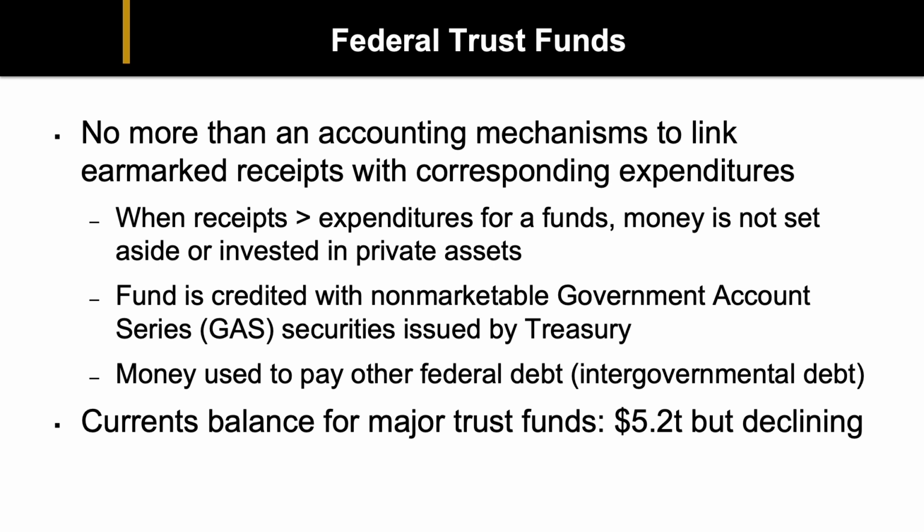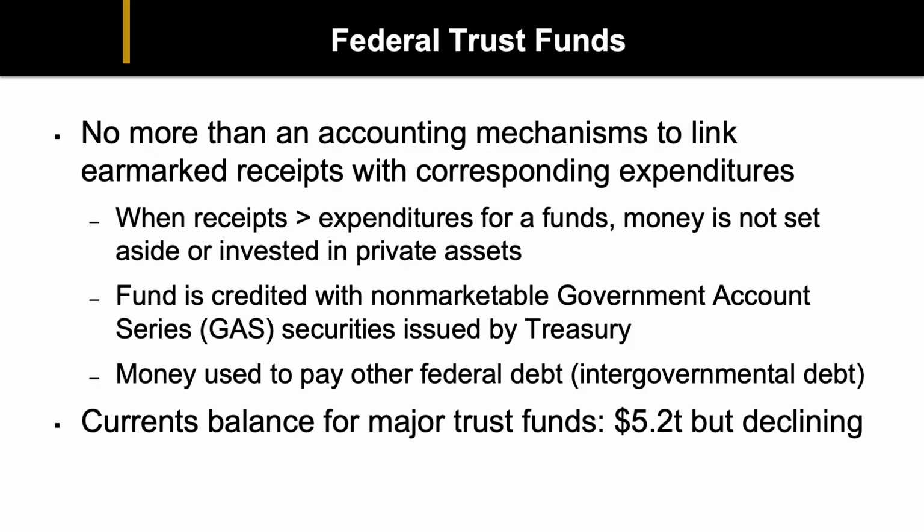And when receipts exceed expenditures, and that happens to most of the funds, at least for some time period, there's money accumulated, and the money's not set aside, and the money's not invested in any private assets.